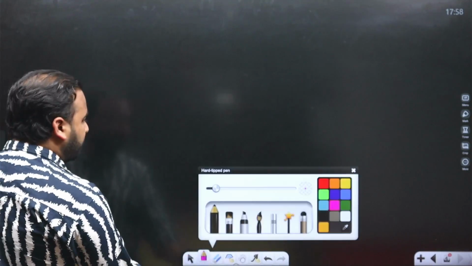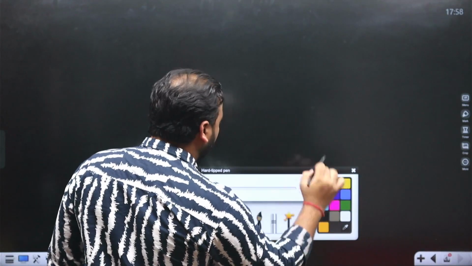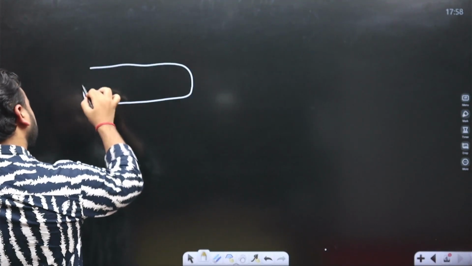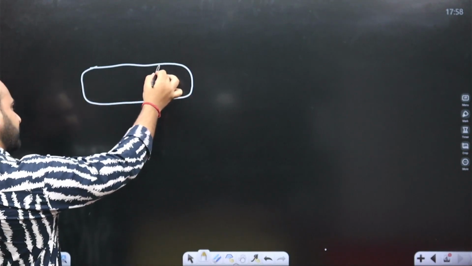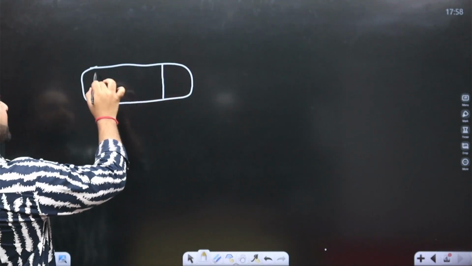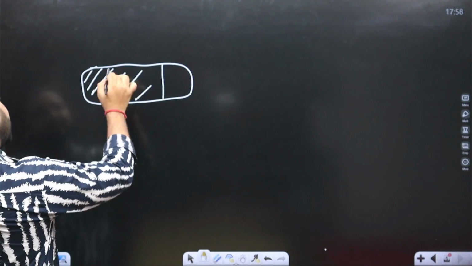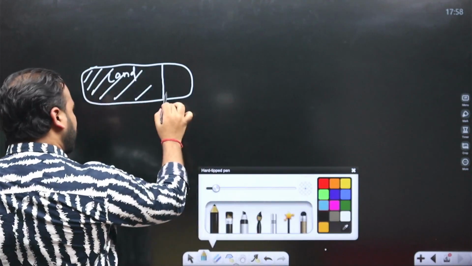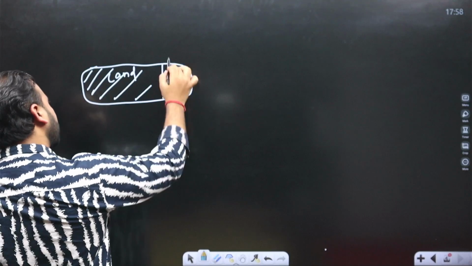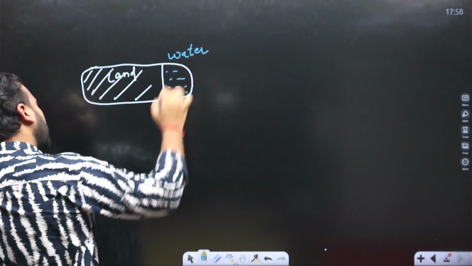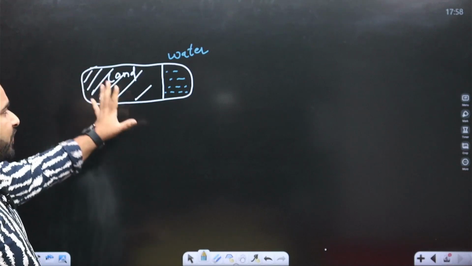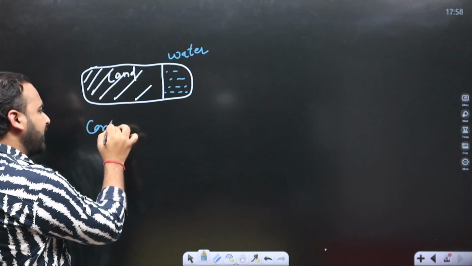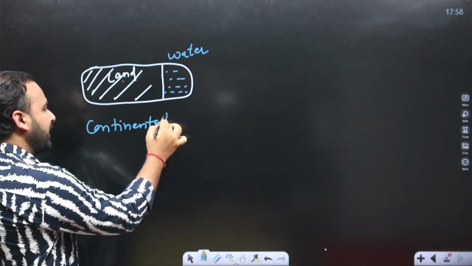Now this is the most important one. For example, there is a plate. If more than 50% of the plate is land and the rest is water body, then because of the dominance of the land part, it is known as a continental plate.